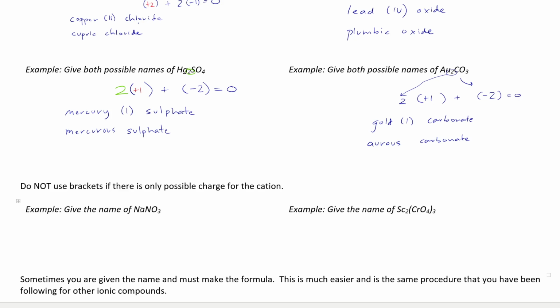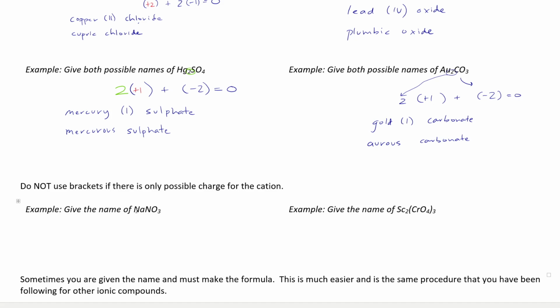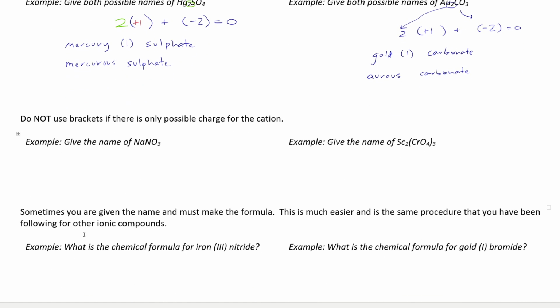Moving on, it says do not use brackets if there's only one possible charge, right? So remember that we're only using this naming system because the metals have 2 possible charges. In this case, like NaNO3, well, sodium only has 1 possible charge, and that's +1, and nitrate has -1. They add to equal 0.